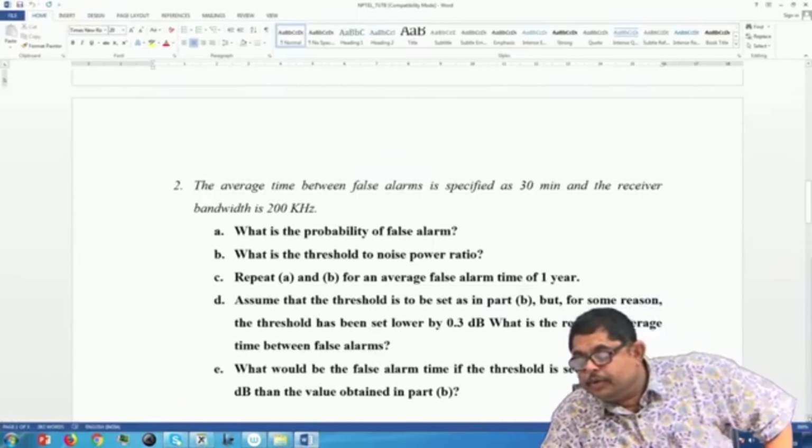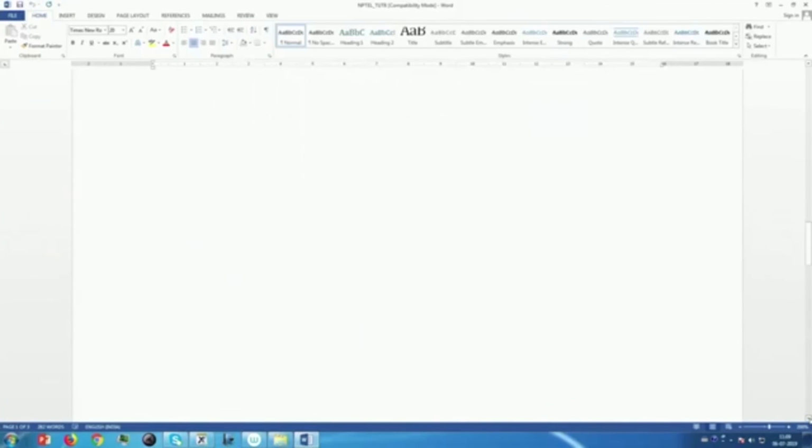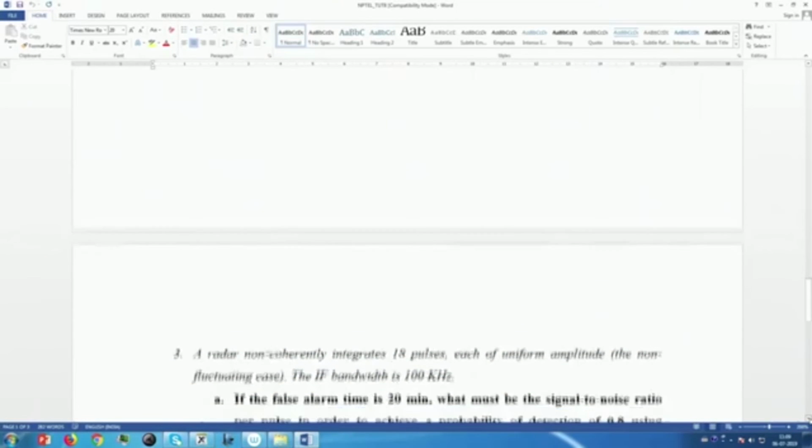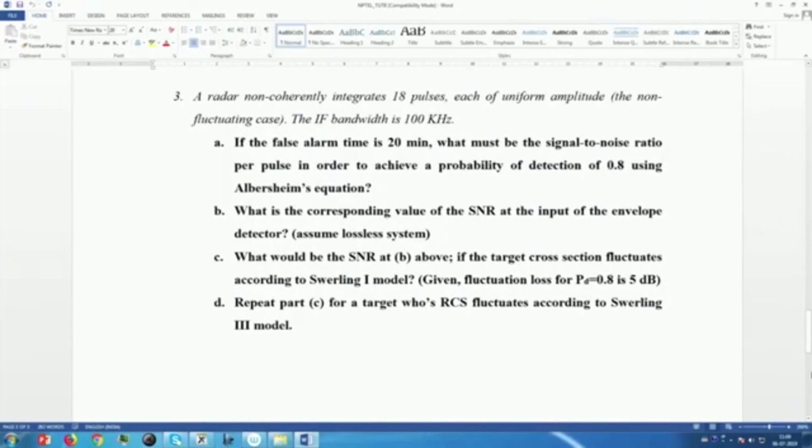Let us see the next problem. This is on Albersheim's equation and Swerling models.